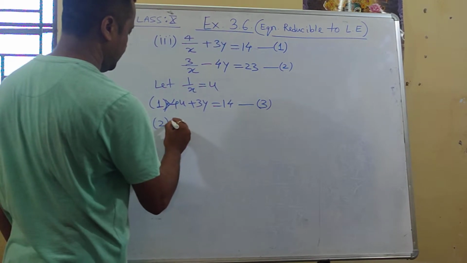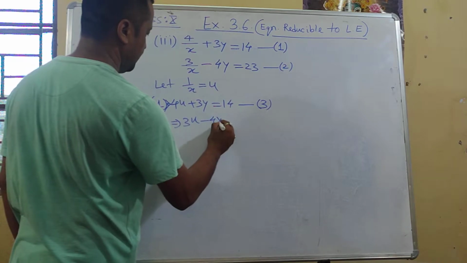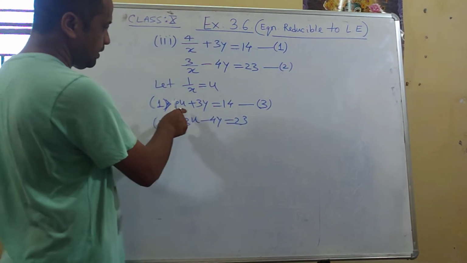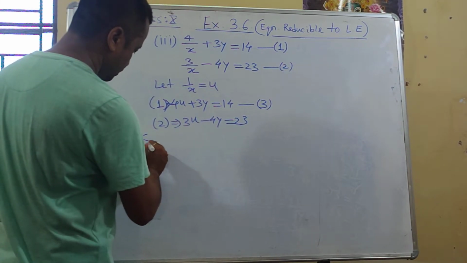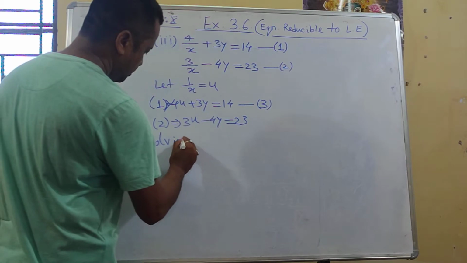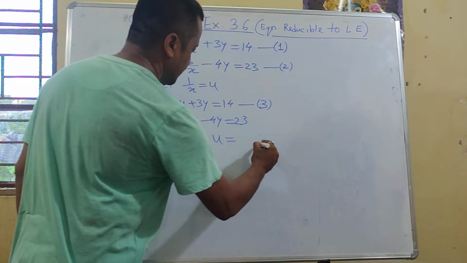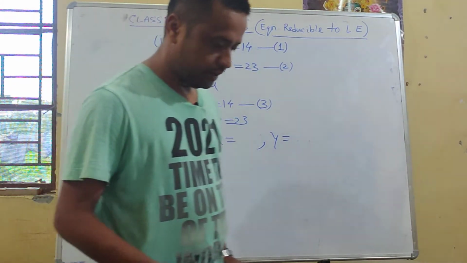And 2 becomes 3u minus 4y is equal to 23. Now these are two linear equations in variables u and y. So solving by any of the previous methods, you will get u is equal to something and y is equal to something, and you can get y directly.